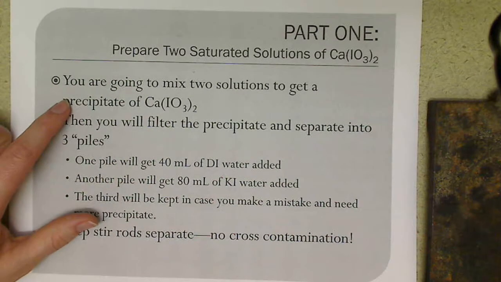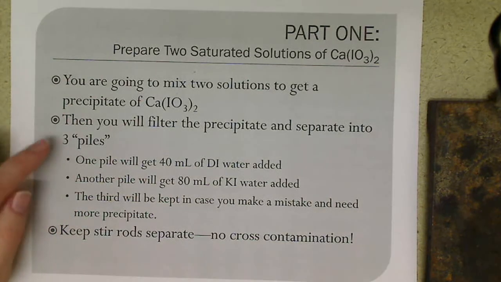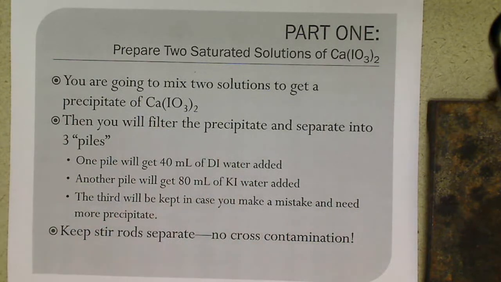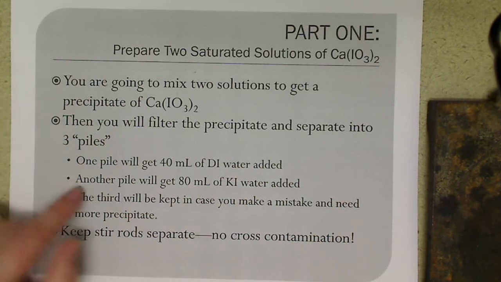Once you get your solid, you're going to filter out the solid. And I will show you kind of how to do that once we're in lab. But we're going to filter out the precipitate and we're going to set it into kind of 3 piles. One pile goes in a beaker with 40 milliliters of DI water.